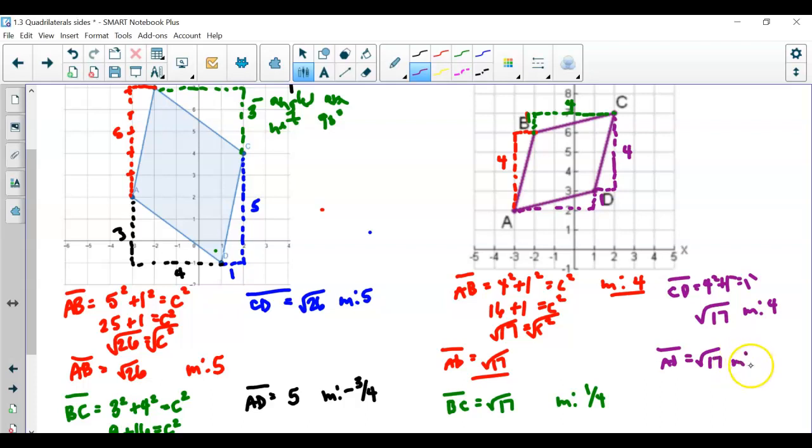However, the slope is not 4 because the rise was 1 with a run of 4, making that opposite also 1/4. So again, now all the sides are congruent, making this a rhombus, and the opposite sides are parallel to each other. However, why do we not have a square?